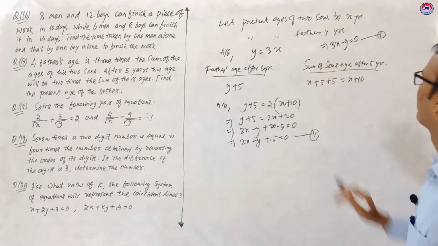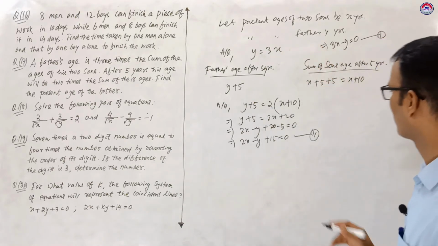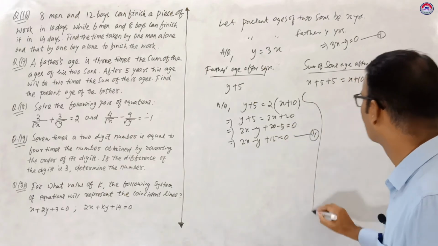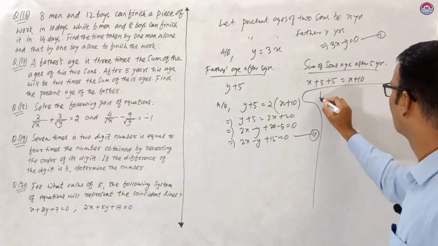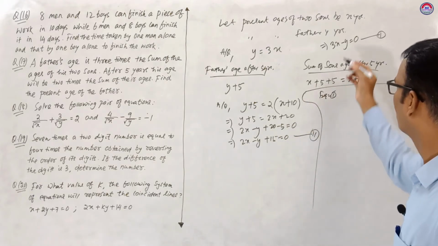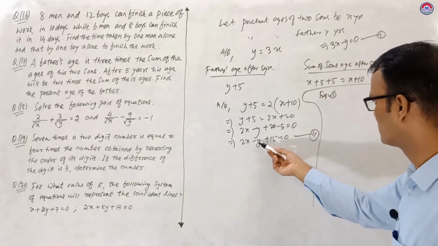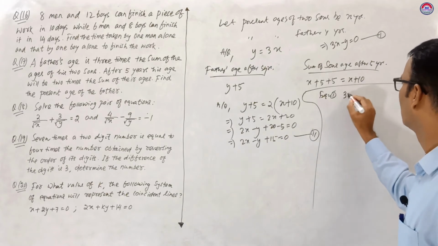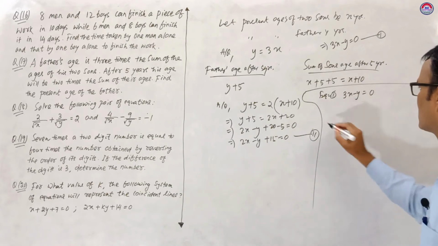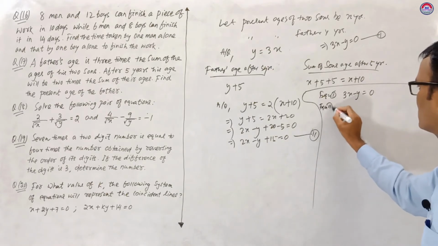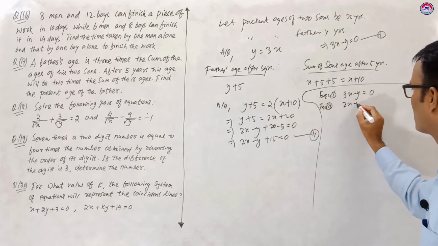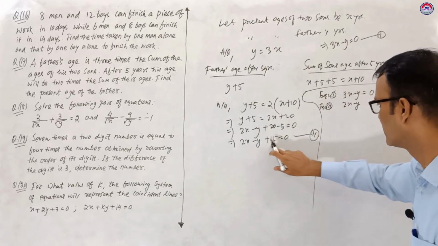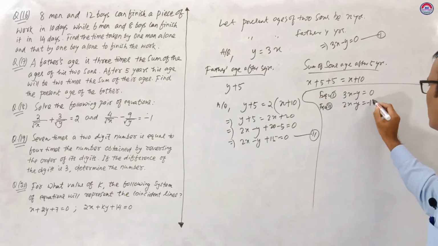Okay, now solve. You see here, in equation 1 the y coefficient is minus 1, and in the other also minus 1. So you can write 3x minus y equal to 0, the first equation. Second equation, 2x minus y plus 15, take it to the right side, minus 15.